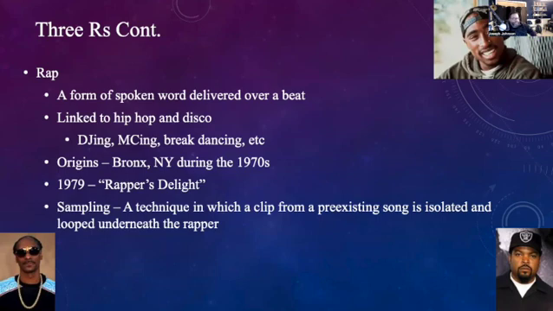That's where rap came from. Rap is a form of spoken word delivered over a beat. It started with the emceeing, and then developed into its own genre towards the end of the 1970s, but really in the 80s.